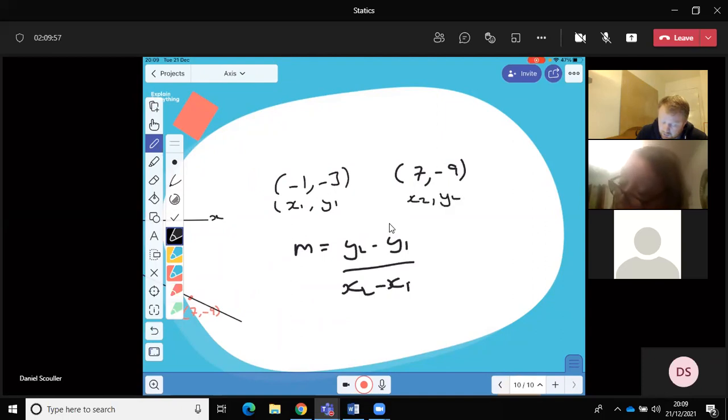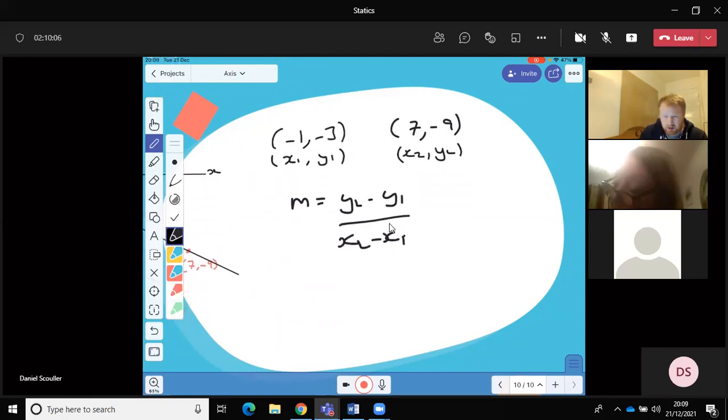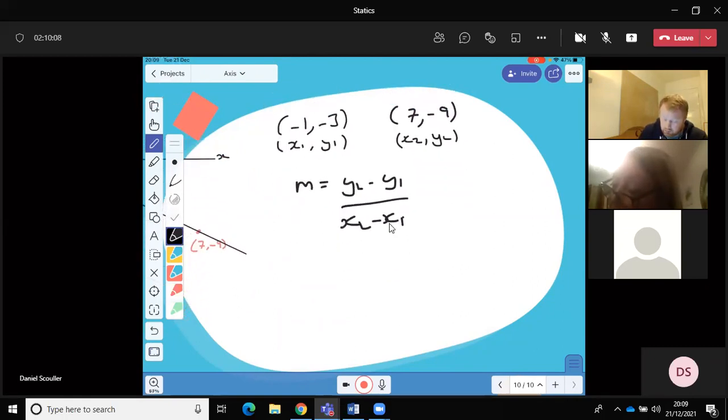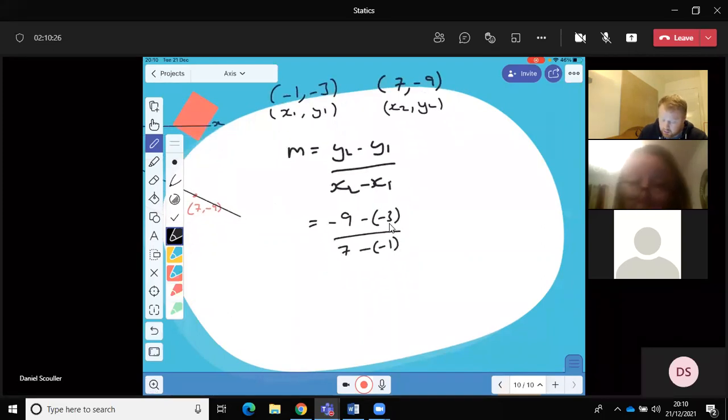I would advise you do that underneath the coordinates, just to make sure you're consistent with what's x2, y2 and x1, y1. Believe it or not, it's easy to mix up when you're trying to work quickly. So y2 is -9 minus y1, which is -3. x2 is 7, minus -1. There's a lot of double negatives in there, so let's just tidy that up.